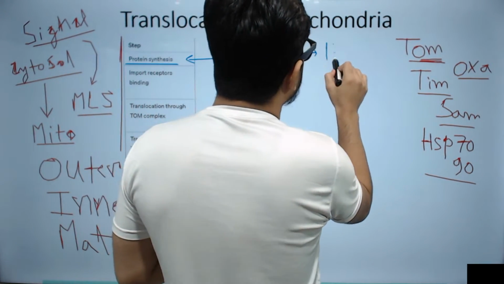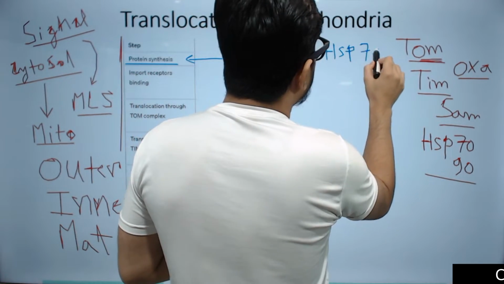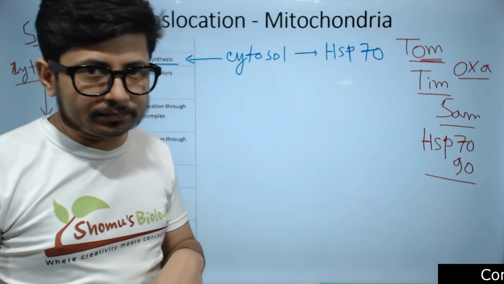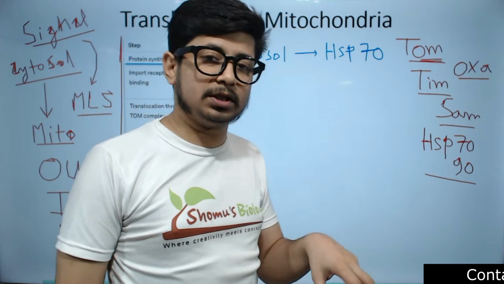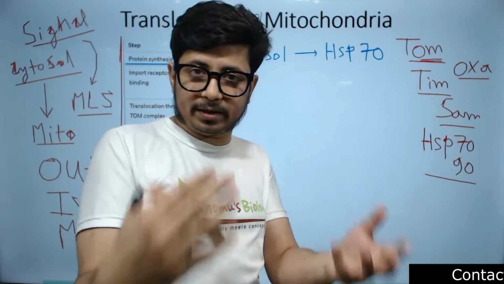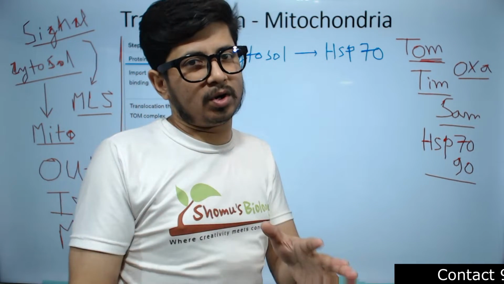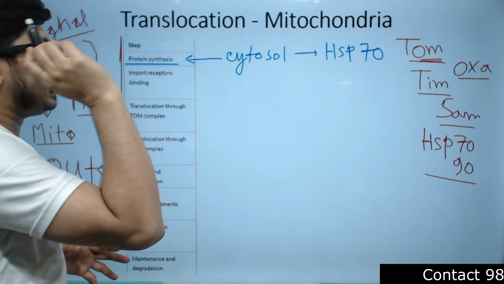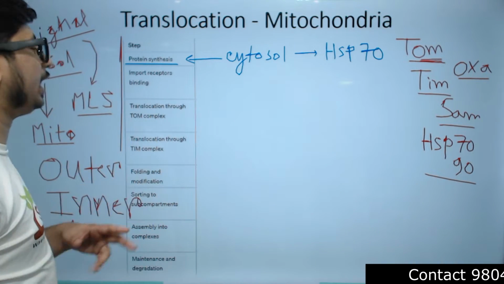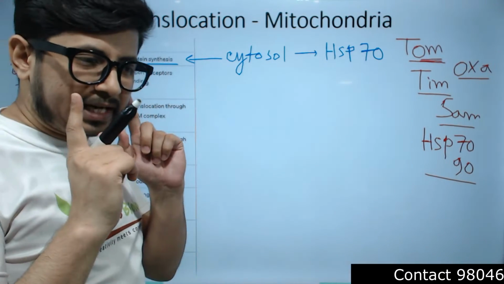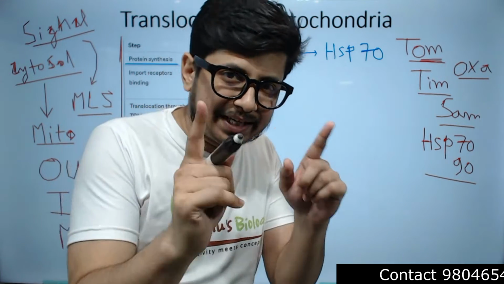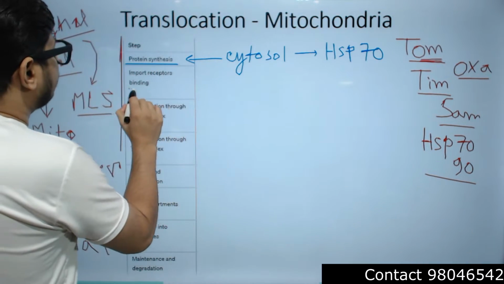Then the protein will be guided by chaperones. Chaperone guiding, HSP70. There are chaperones present in the cytosol, known as cytosolic chaperones, and there are chaperones present inside the mitochondrial matrix, known as mitochondrial chaperones. Here the cytosolic chaperones will guide that protein towards the mitochondria, because the protein destined for mitochondria has a localization signal. What are the import receptors?